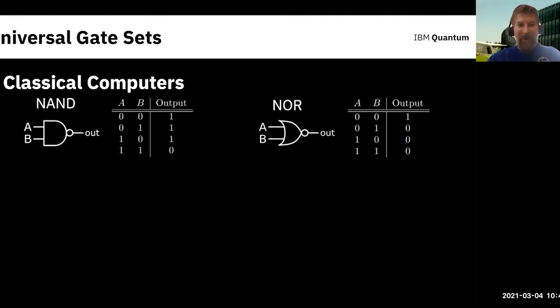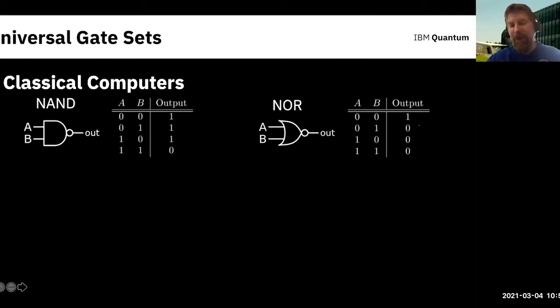Another thing I'd like to bring back to classical computing is that you can understand a universal quantum computer just as you can understand a universal classical computer. For a universal classical computer, I'm sure you all took the computer science courses. I remember taking my digital logic class, and you learn from that there's one of two gates you can choose as the foundation of your universal computer, and that's the NAND and the NOR. NAND just inverts the AND gate: 0 and 0 is 0, not that is 1; 0 and 1 is 0, not that is 1; 1 and 1 is 1, not that is 0, and vice versa for the NOR.